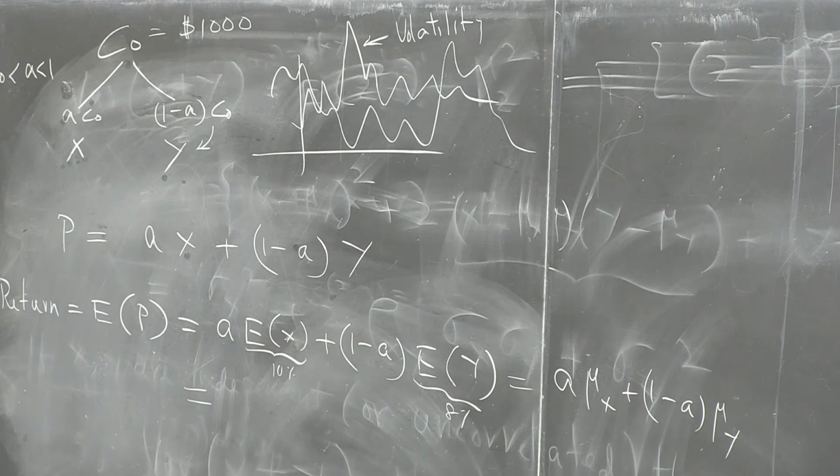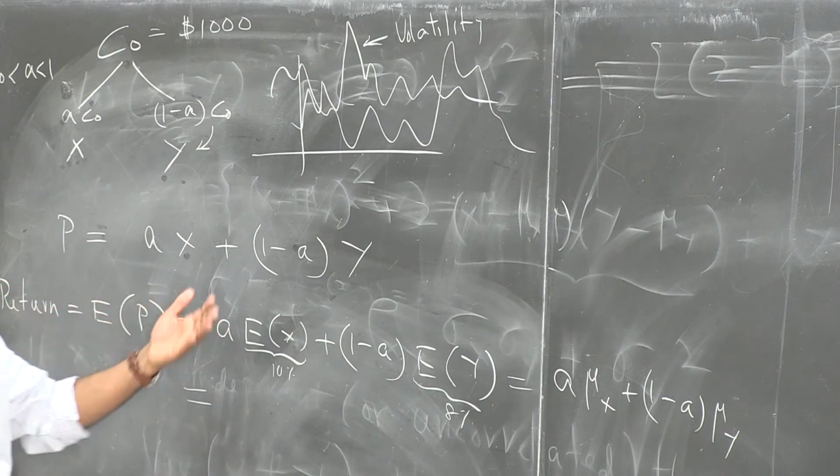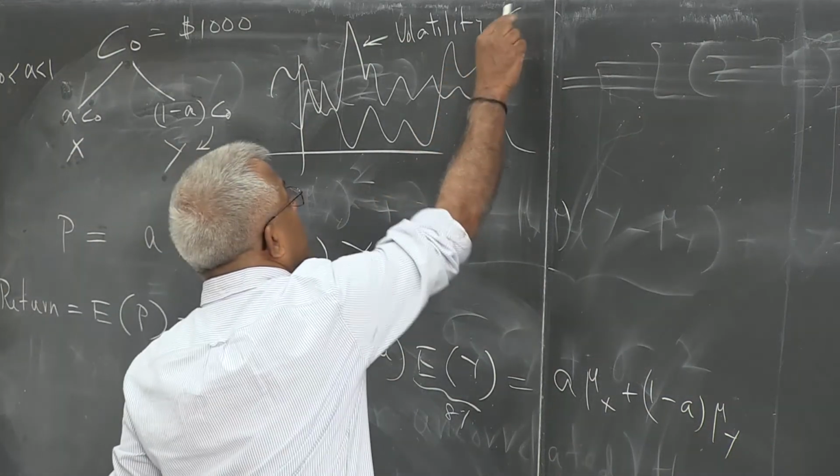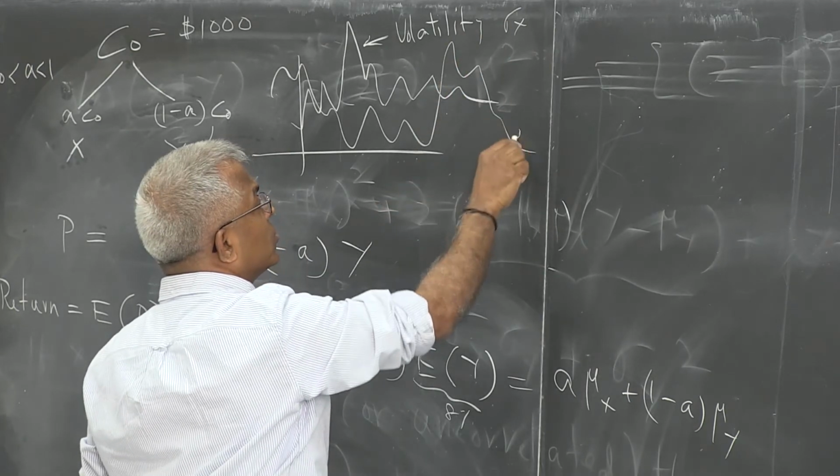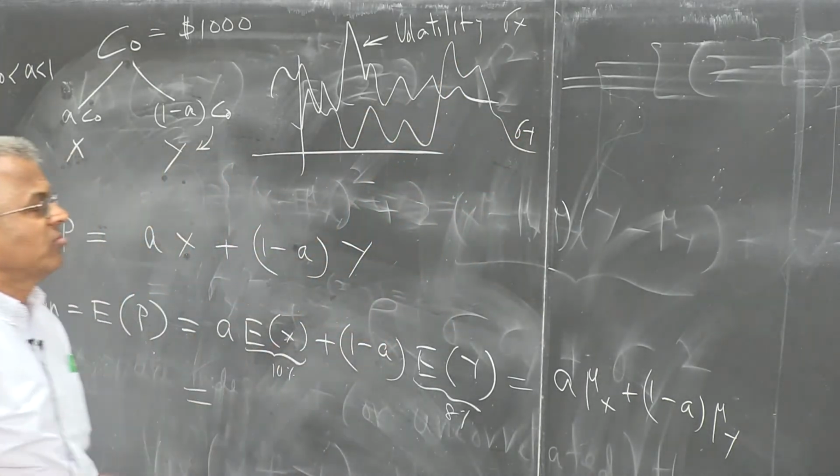For each stock, how do you quantify the volatility? Remember, we have a few parameters: mean, variance, correlation, etc. It will be variance, right? Mean is for the return. So you could take the standard deviation, which is the square root of the variance, as a measure of the volatility.